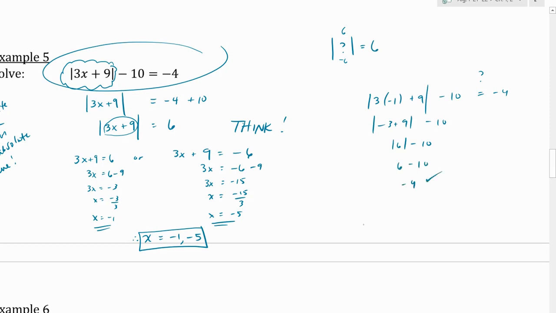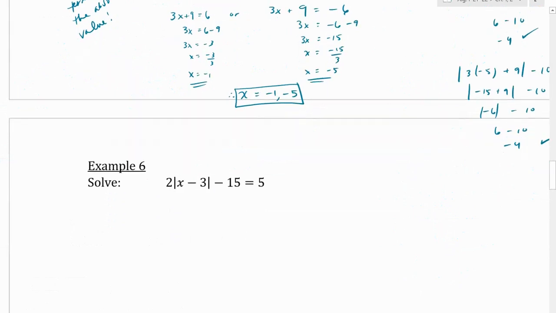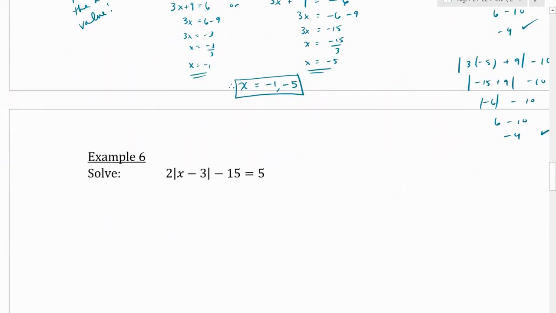And if we do the same thing with the -5, yep, also works. Okay, so again, on these more complicated looking questions, isolate the term with the absolute value.